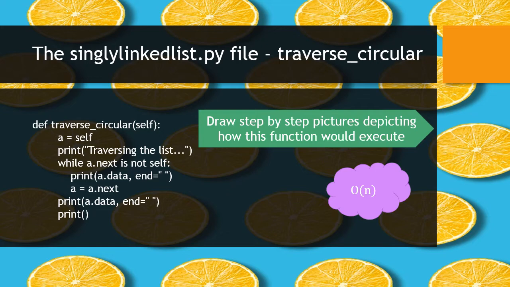So, what we are going to do here is, when we have a singly linked list and we want to convert it into a circular singly linked list, we can use the circularize function.